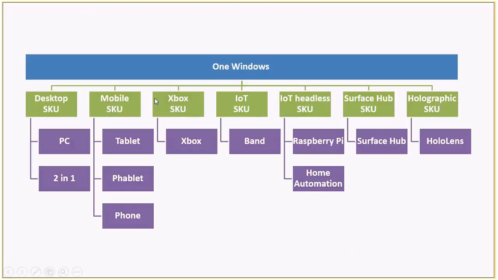Now for all the devices, we have only one solution that executes on all different devices, and this has made the concept so simple that you just have to worry about one solution or one application, and it will execute on a bunch of different devices. So you can see the desktop, mobile, Xbox, IoT headless service, Surface Hub, and holographic SKUs.